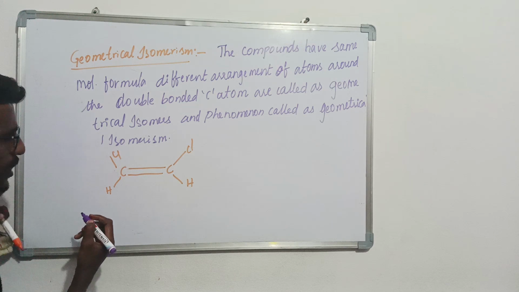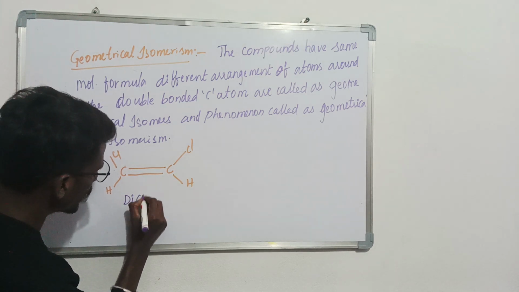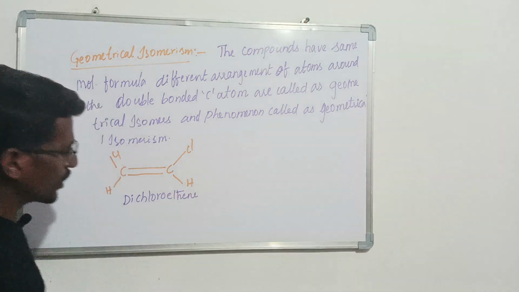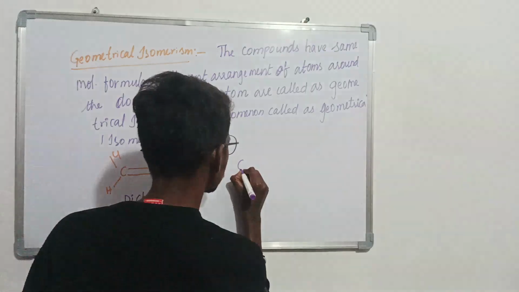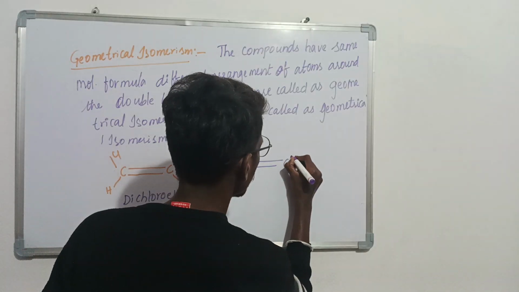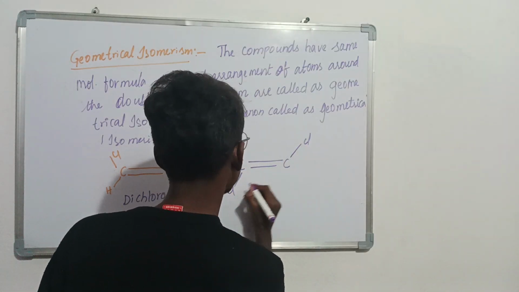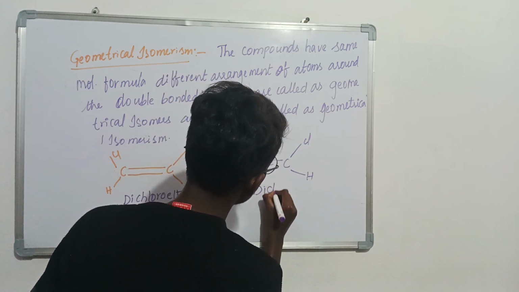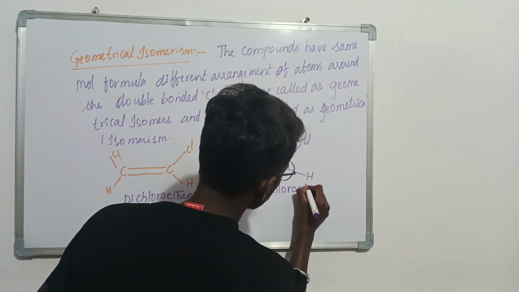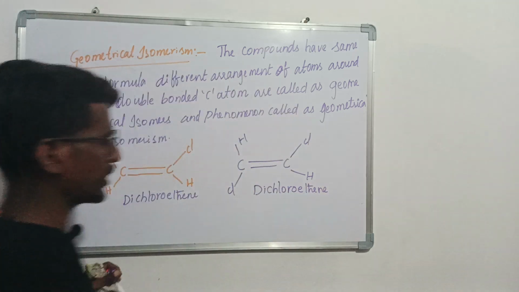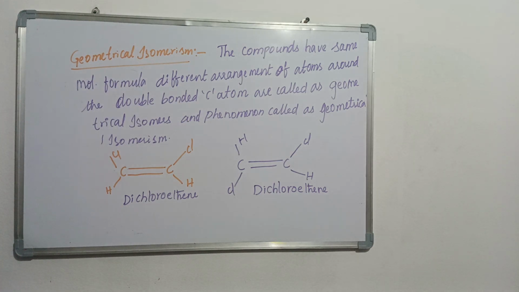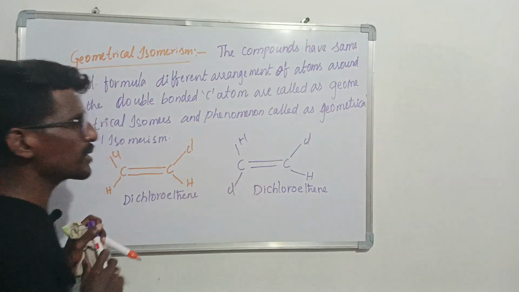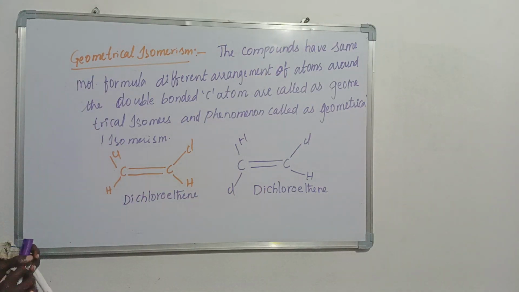This is dichloroethene. Then we'll see the same with chlorine over here and hydrogen here, which is also dichloroethene. So the same molecular formula and the same structure, but a different spatial arrangement of the atoms.